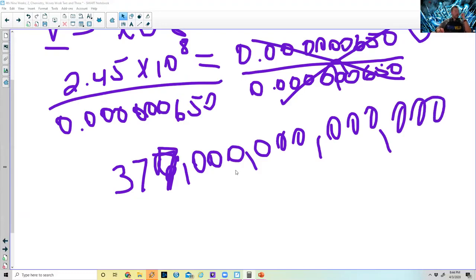Wow, that's a big number. Yep, that's it. And then what's our unit? Well, we're calculating a frequency, so that would be hertz. There you go. That is an extremely large frequency.